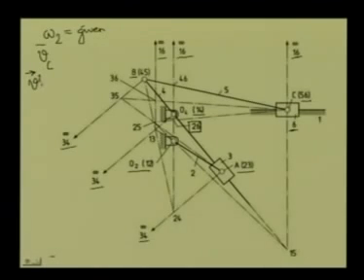The velocity of the point 2, 6, if I consider it to be a point on body 2, is omega 2 cross the vector from O2 up to the point 2, 6.